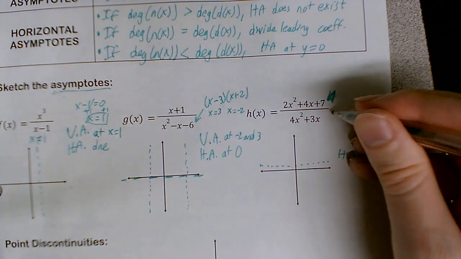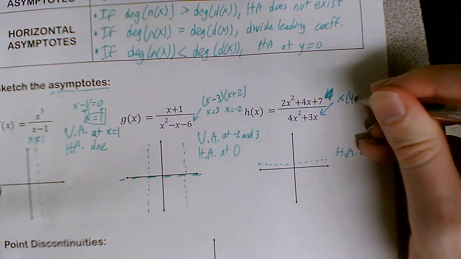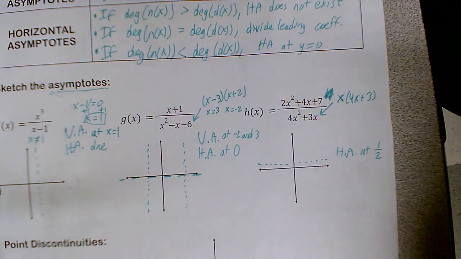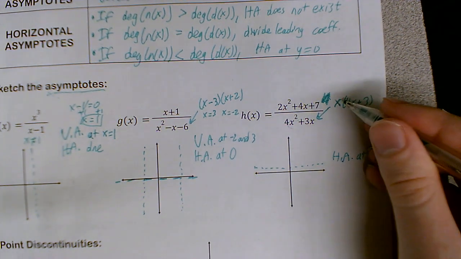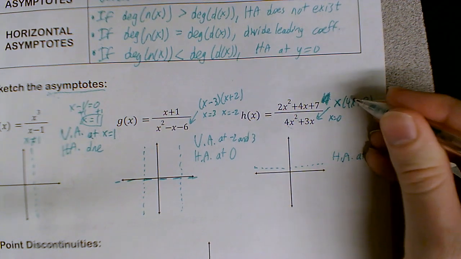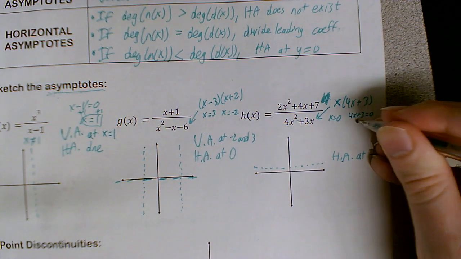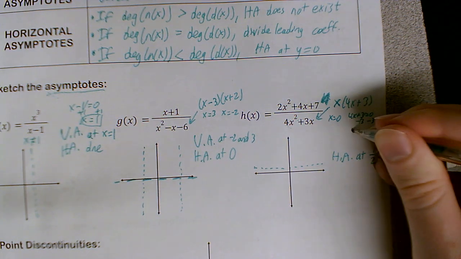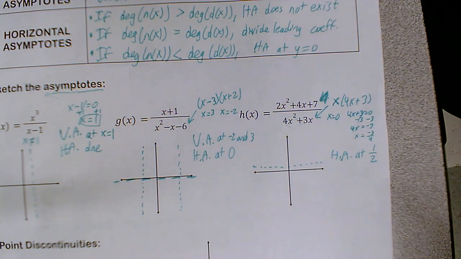Okay, this right here factors using greatest common factor into x times 4x plus 3. So because of this, we have two cases, one where x equals 0, and one where 4x plus 3 equals 0. And if we solve this latter one, we get x equals negative 3 over 4.